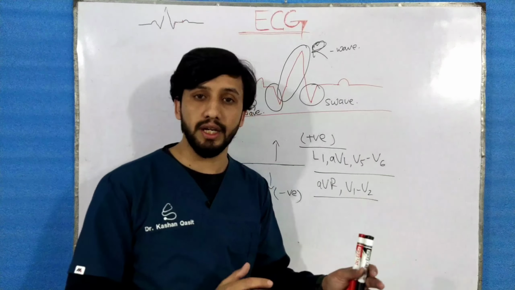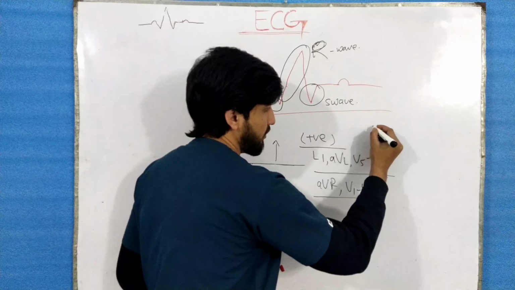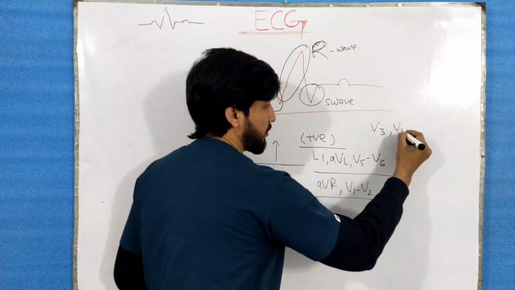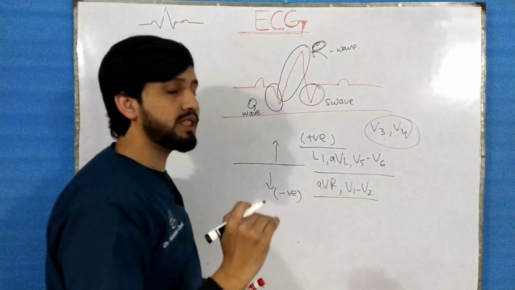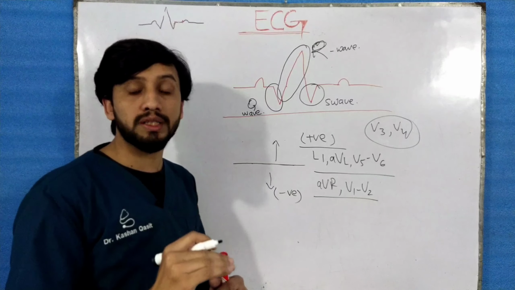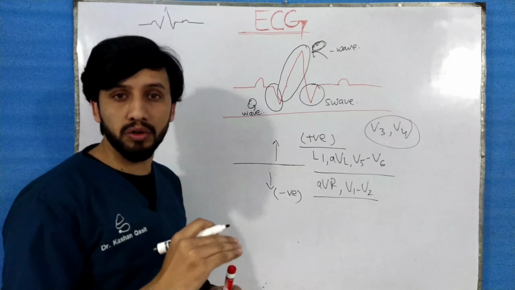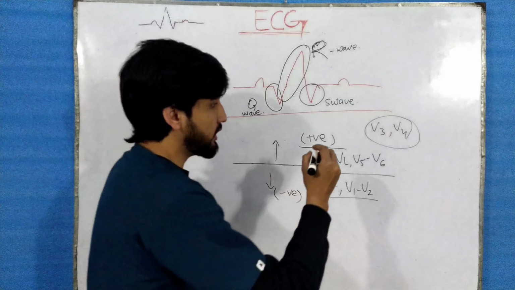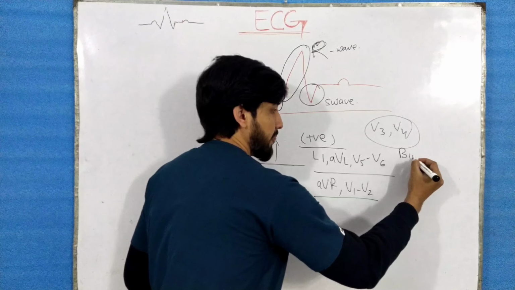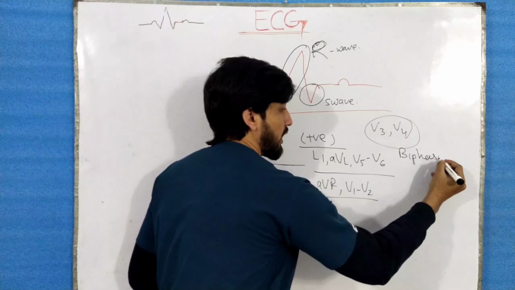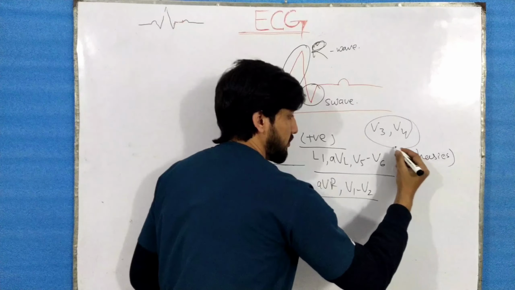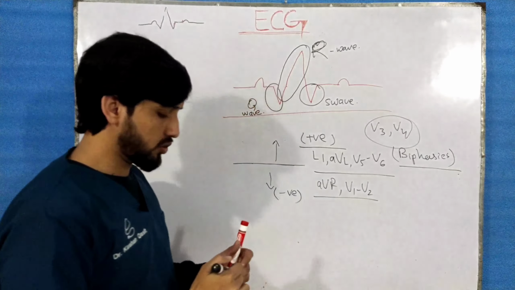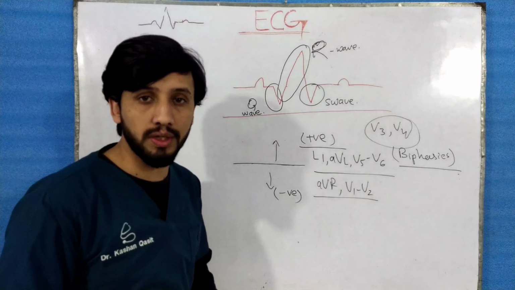So sometimes you will see the biphasic QRS complex like in V3 and V4. In these two leads you will see that normally the QRS complex can be above and slightly below the isoelectric line. So this can be biphasic. So these are all the normal patterns of QRS complex.